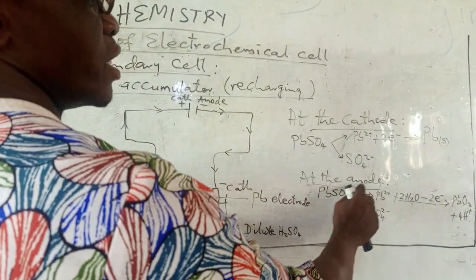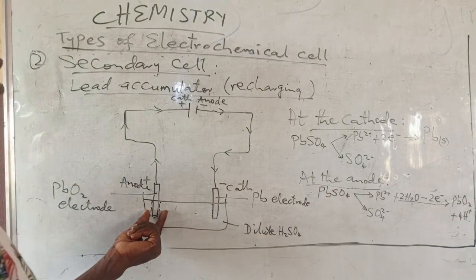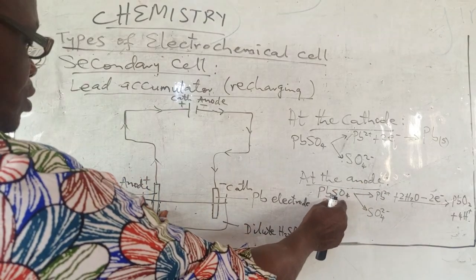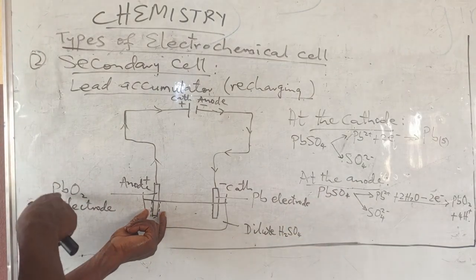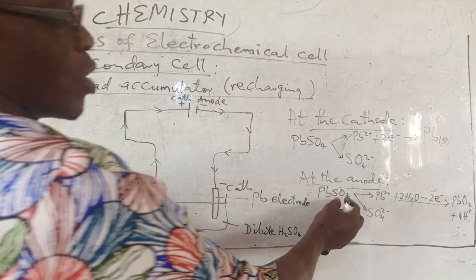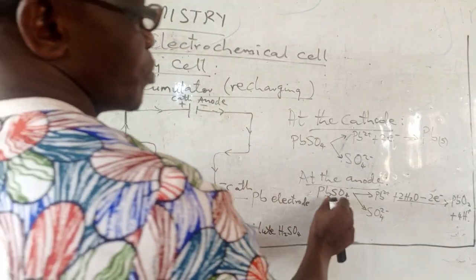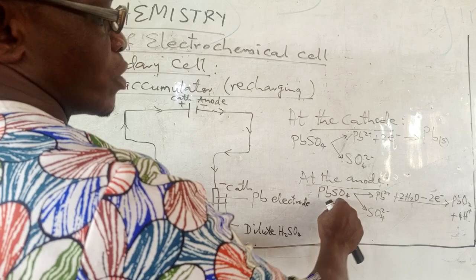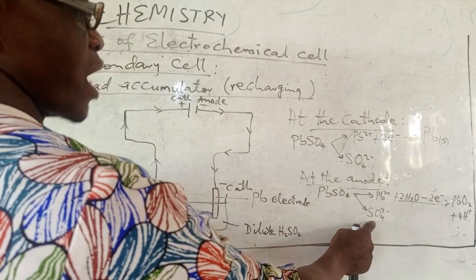Now let's see at the anode, which is this place, what happens there. Remember also that PbSO4 covered the surface of PbO2. Now when the electric current keeps flowing, the PbSO4 will release SO4 back to the solution that it came from.